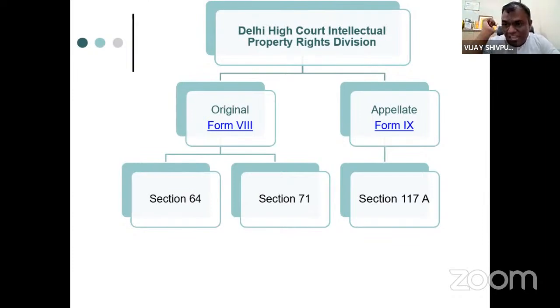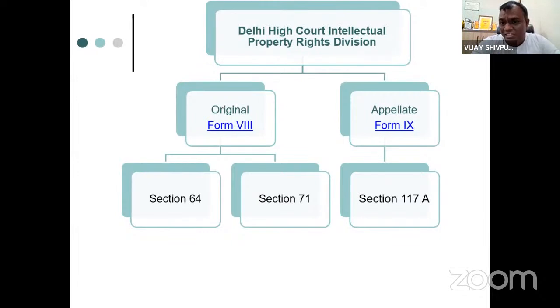Those who attended the last lecture, this is what I had mentioned in the class. Revocation or anything required under section 71 has to be filed at the Delhi High Court IP Rights Division. The form for that is Form 8. This Form 8 has nothing to do with the Patent Act's Form 8. We'll see what kind of Form 8 this is.